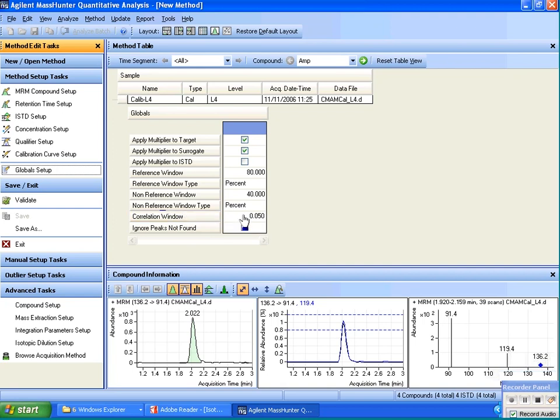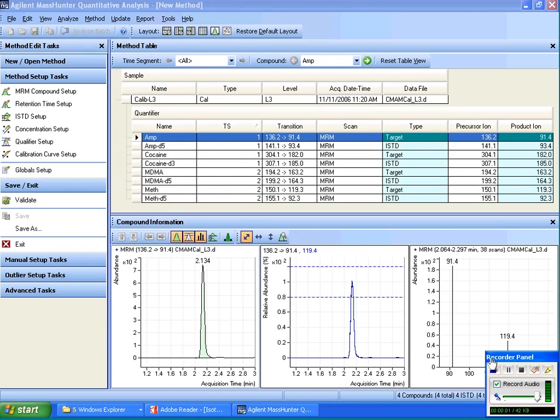The correlation window involves the relationship of the time that the qualifier comes out in relationship to the time that the target comes out. And again, I'd leave this as the default value. There has been a discussion in another section about using the ignore peaks not found to strip out peaks not found messages.